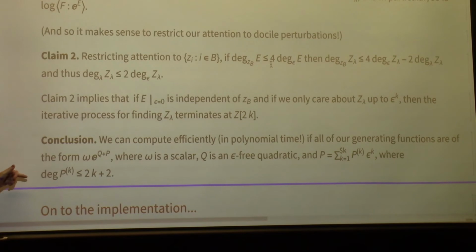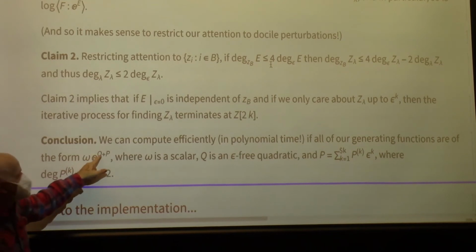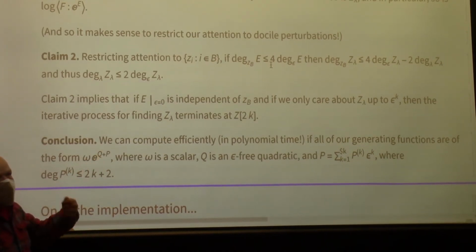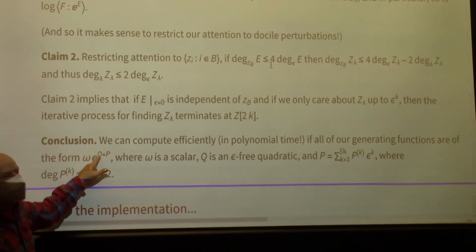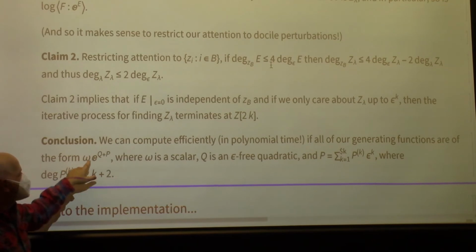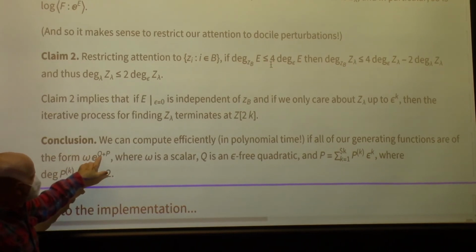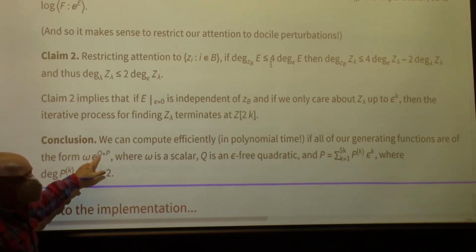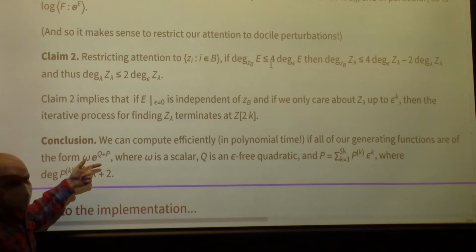So why? Basically, you use lemma 1 to get rid of the quadratic piece of Q, right? With respect to the variable ZB, Q is quadratic plus linear plus scalar, but the scalar is swallowed here. So you use lemma 1 to get rid of the quadratic piece. You use lemma 2 to get rid of the linear piece.